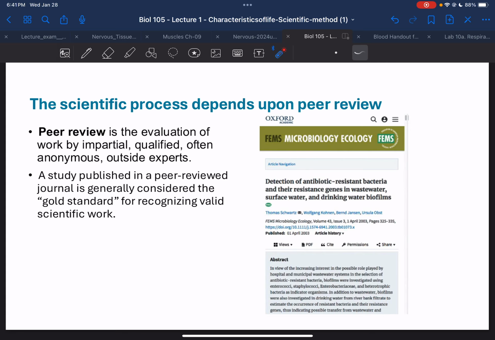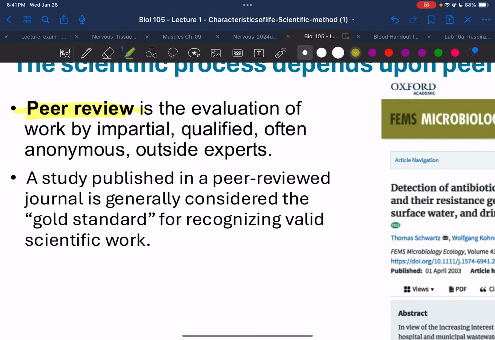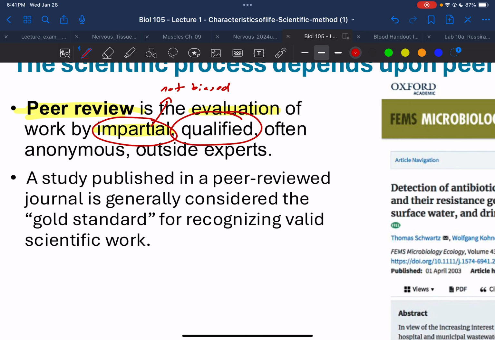And so peer review overall is the main highlight, the word of the day here, that you want to make sure that your work is always evaluated by people who are impartial. That means people who are not biased. It means they're willing to listen to new ideas and they're not trying to be right. They're really open to things. And then qualified, they obviously should have been in the field for a while.